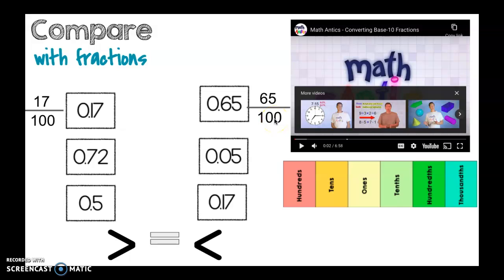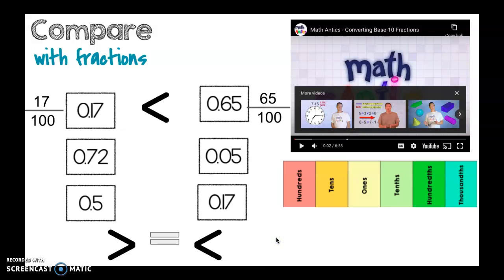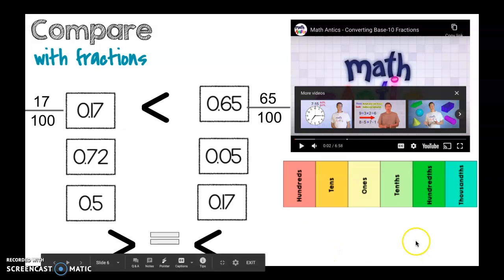Looking at our fractions and our decimal points, which would be greater? Yes, we could read this as 17 hundredths is less than 65 hundredths. Pause the video and work through these next two decimal problems on your own or with your teacher. If you have time, come back and we will be able to play a game.